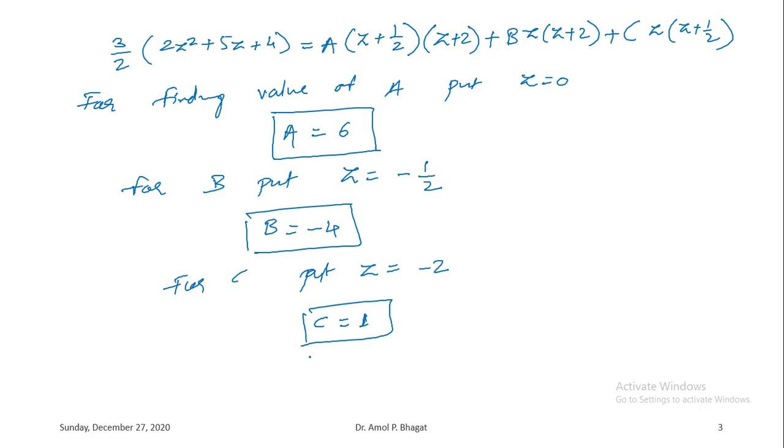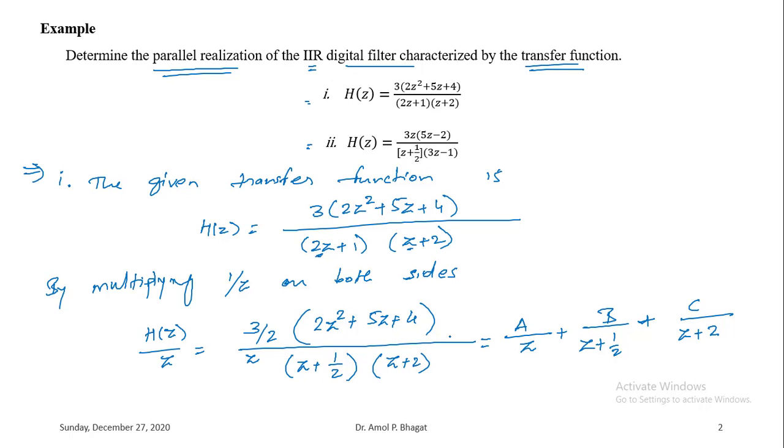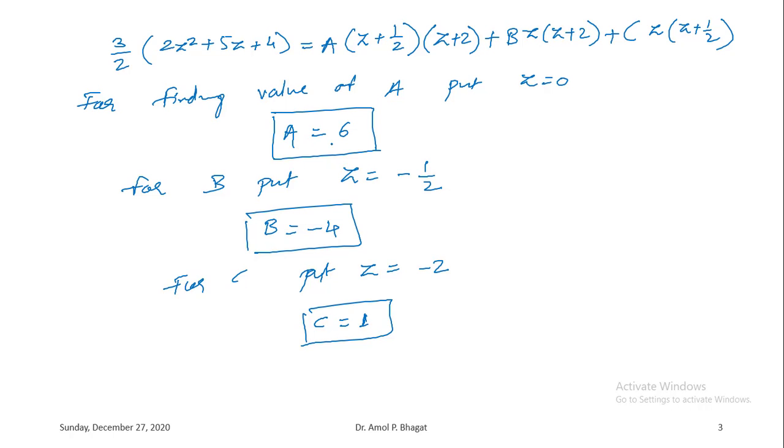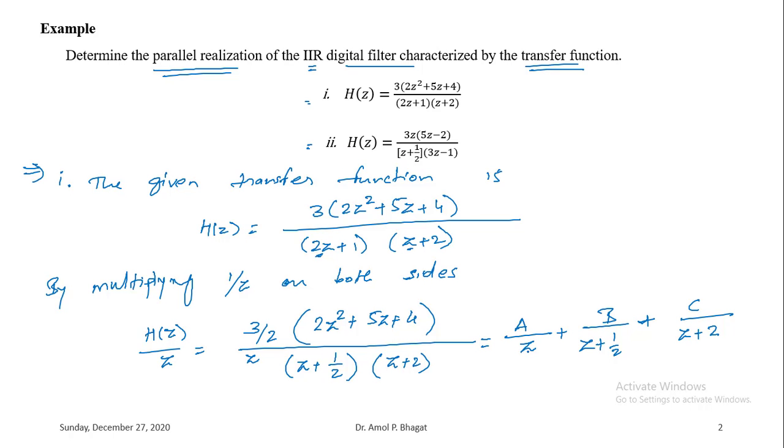Okay, so these three values you will get when you put value of z is equals to 0, z is equals to minus 1 by 2, and z is equals to minus 2. You will get values of a, b, and c respectively, right? So now you can substitute these values in this equation. Okay, so what you can write here, you can write this h of z upon z is equals to, so the value of a is 6, so it will be 6 by z, right?